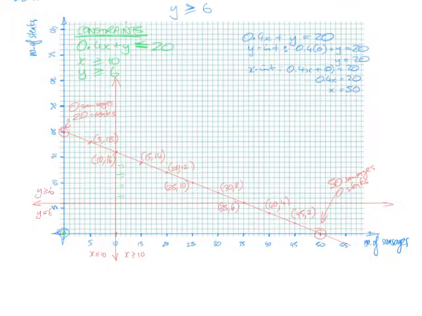The other constraint tells us that the feasible region has to be above the y is equal to 6 line, because we need to buy 6 or more steaks. But our original constraint was 0.4x plus y is less than or equal to 20. So this diagonal line is the 0.4x plus y line, and it has to be underneath that diagonal line.